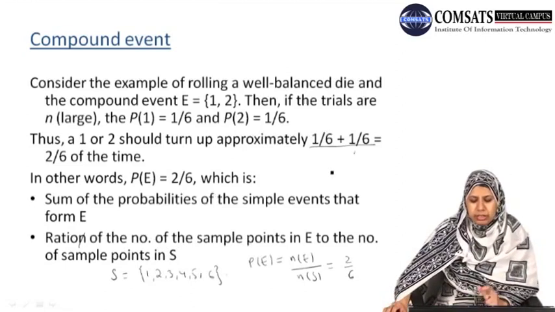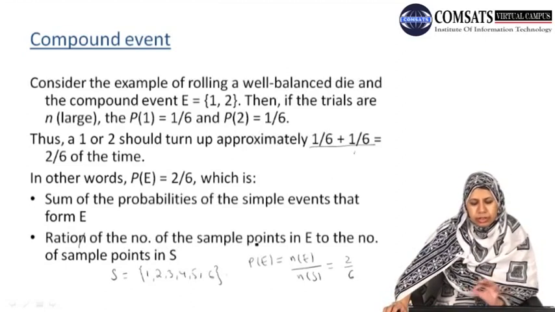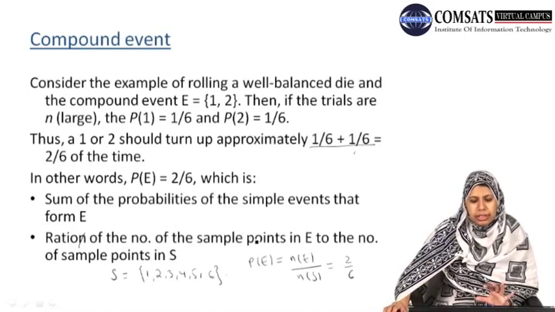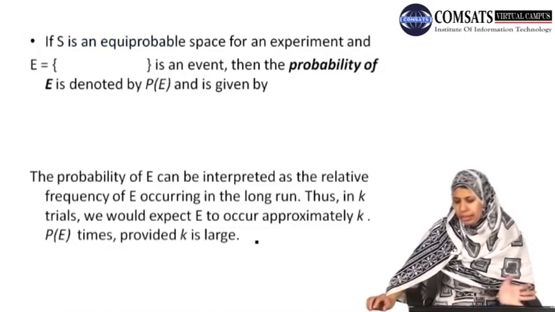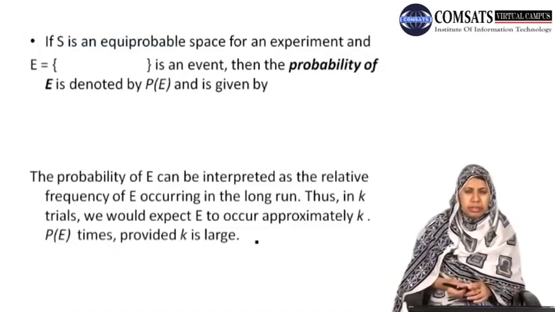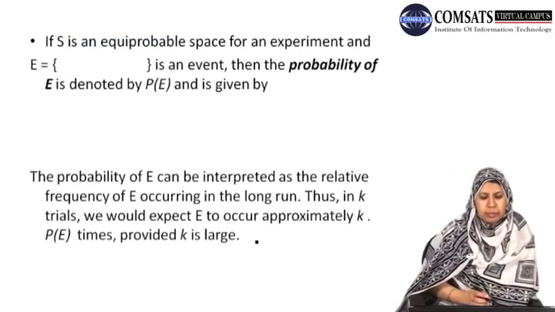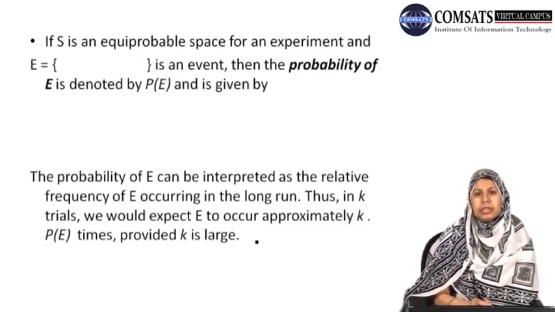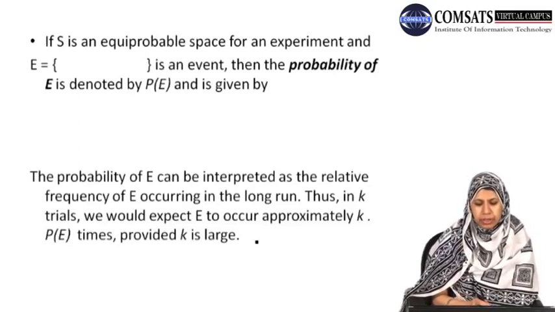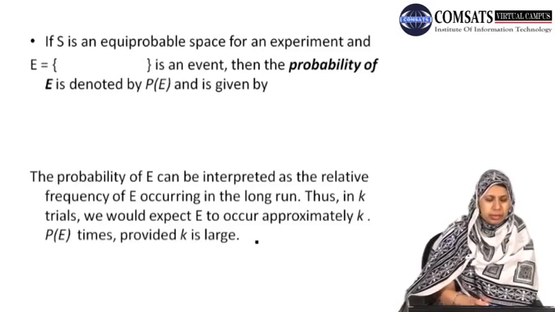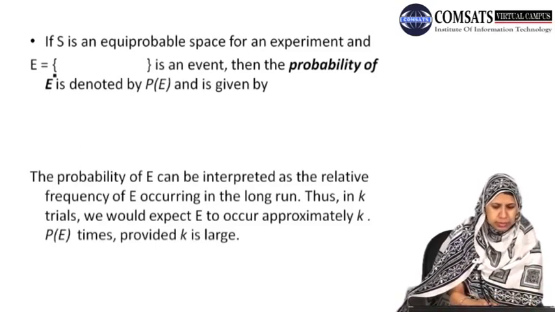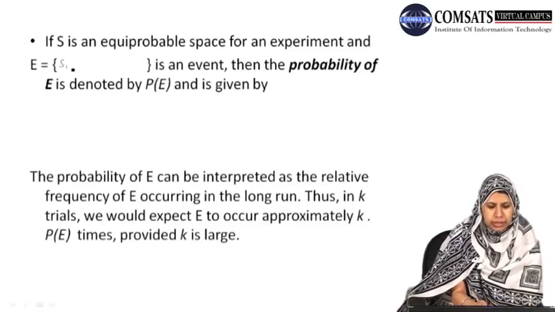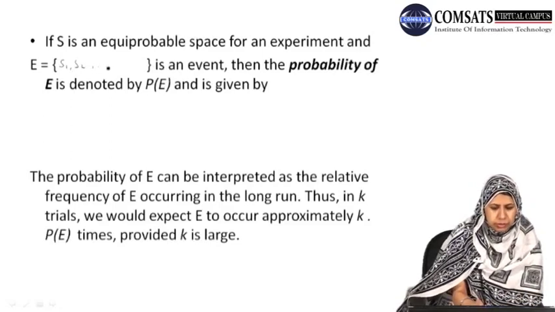And now we define this for the general event, that is, when an event has n sample points. Suppose we have an equiprobable sample space S, which means that all the outcomes have the equal chance to occur for an experiment, and our event E contains sample points S1, S2 up to Sj.